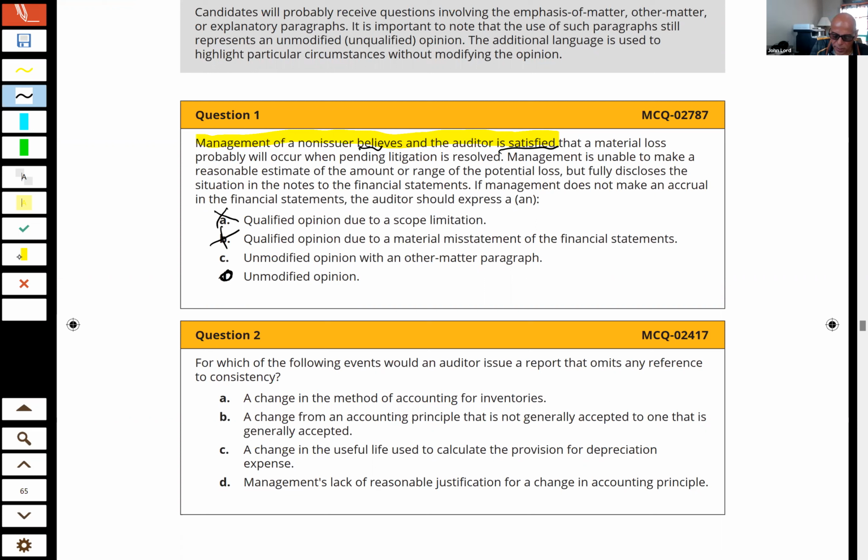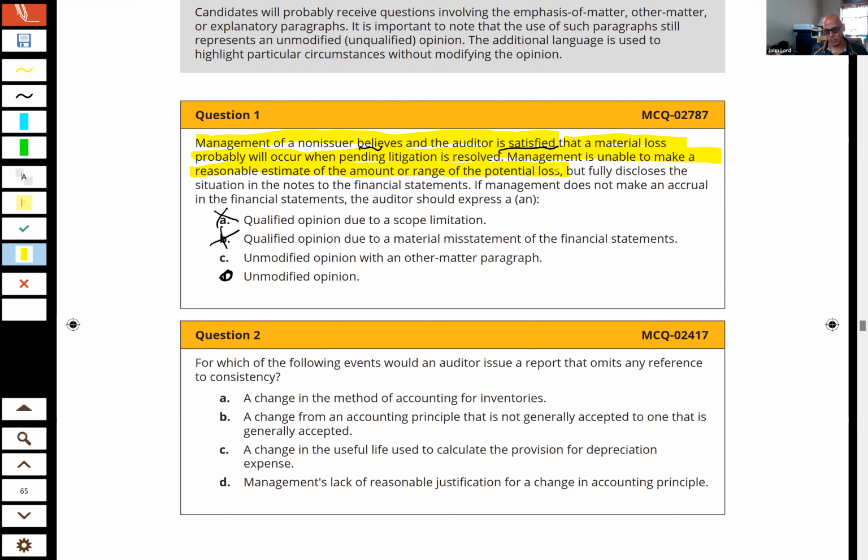But the satisfaction is that a material loss probably occur when pending litigation is resolved, but management is unable to provide a reasonable estimate of the range of potential loss. Well, what happens under US GAAP when that's the case? They simply would have to disclose the matter. I mean, we can't force them to come up with an estimate.